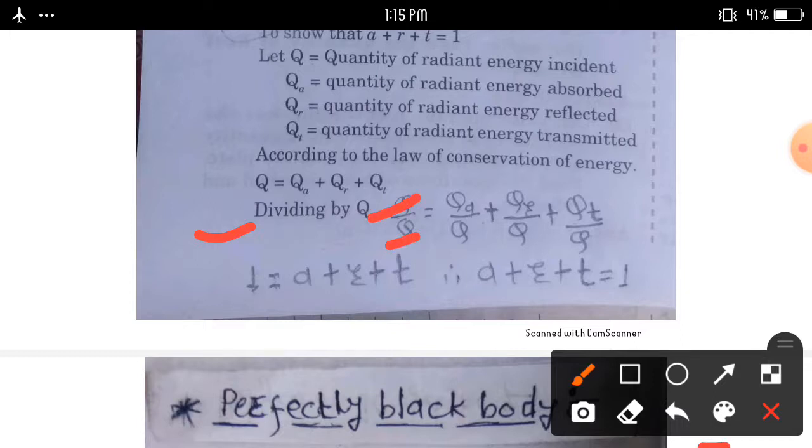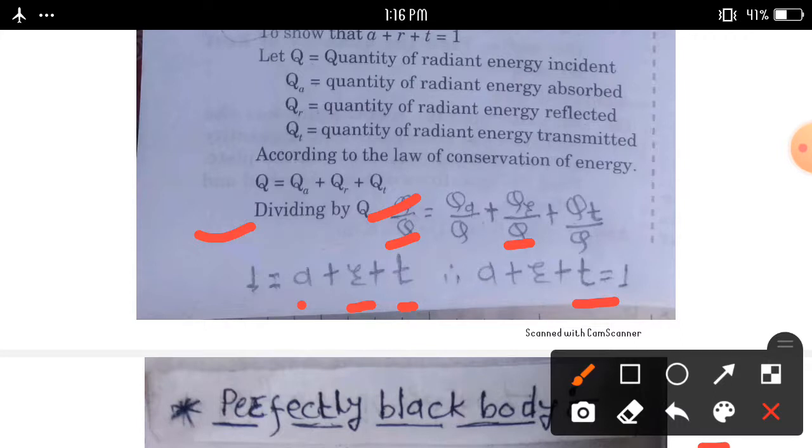Then Q suffix a upon Q is the coefficient of absorption, Q suffix r upon Q is the coefficient of reflection, and Q suffix t upon Q is the coefficient of transmission. Hence we can write 1 is equal to a plus r plus t, and therefore a plus r plus t is equal to 1.